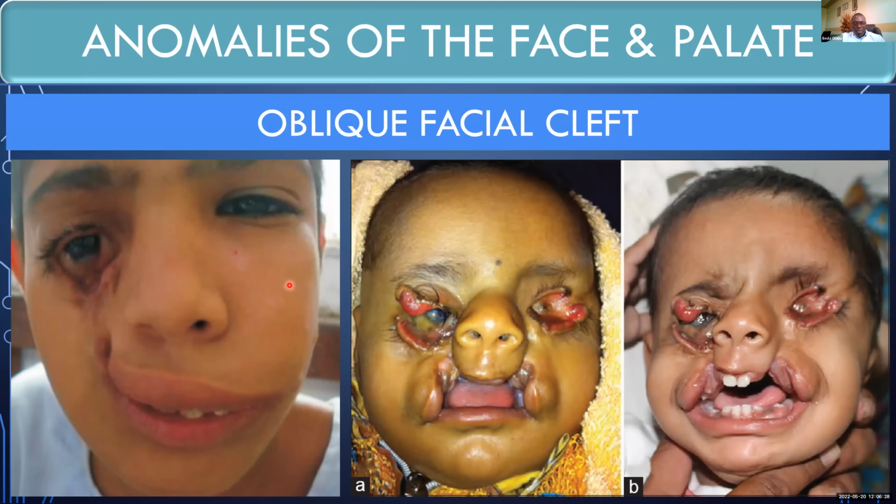It can be as bad as what you see here, associated with a lot of malformations in the face affecting the eye, because there's no room for normal growth. Tissues are not growing normally. So this is bilateral oblique facial cleft. Remember, this is failure of fusion of the maxillary prominence with the lateral nasal prominence.